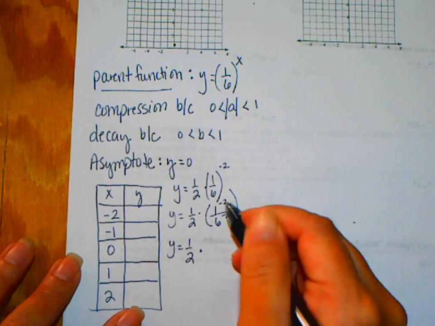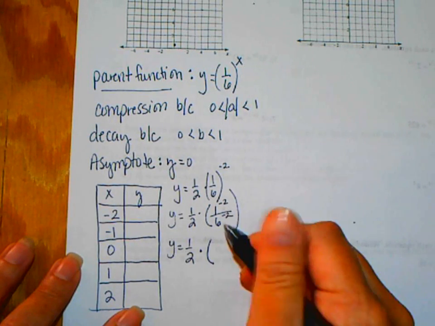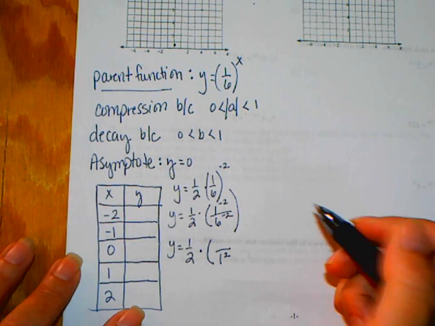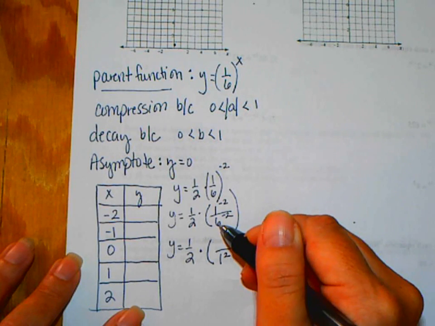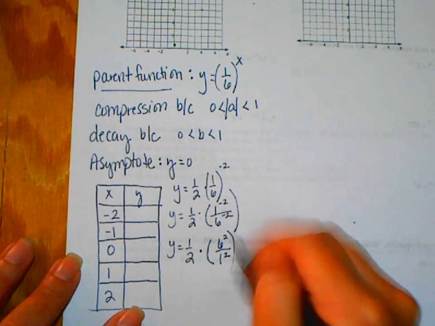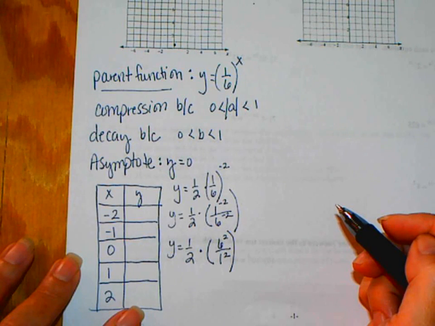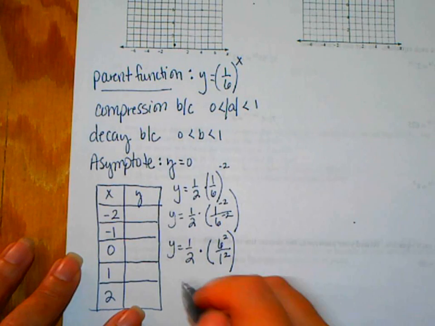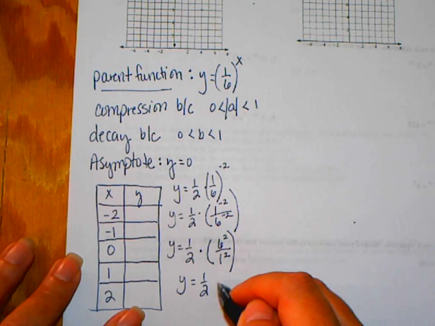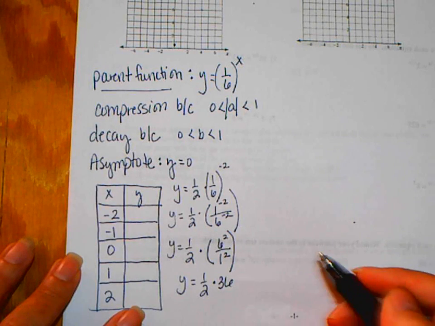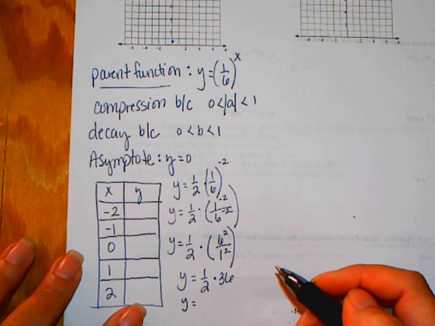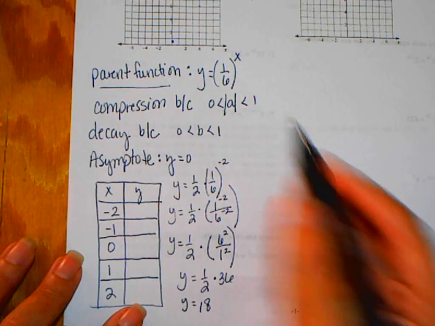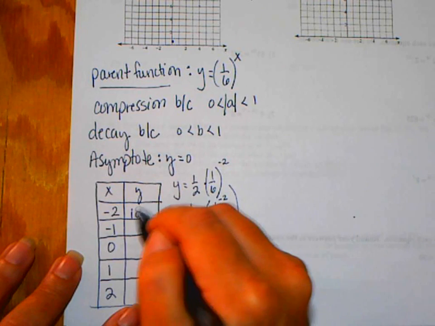We know what to do when we have a negative exponent, okay? The 1, if I want to make its exponent positive, I'll move it to the denominator. The 6 has a negative exponent, so if I want to make it positive, I'll move it to the numerator. So what's 6 squared divided by 1 squared? 36. So basically that's 1/2 times 36, which means half of 36 is 18. So when x is negative 2, y is 18.